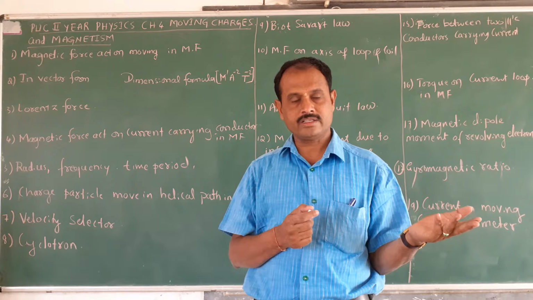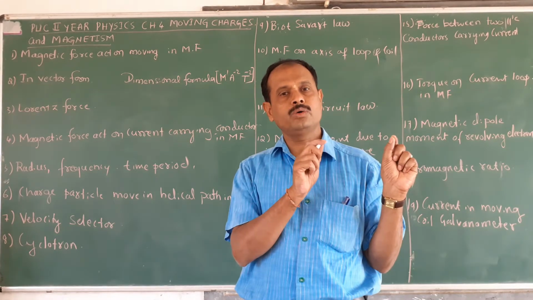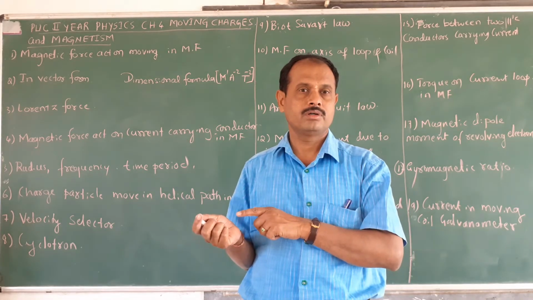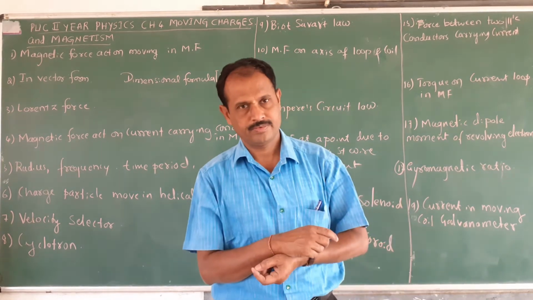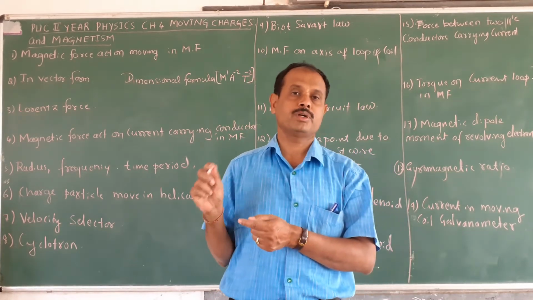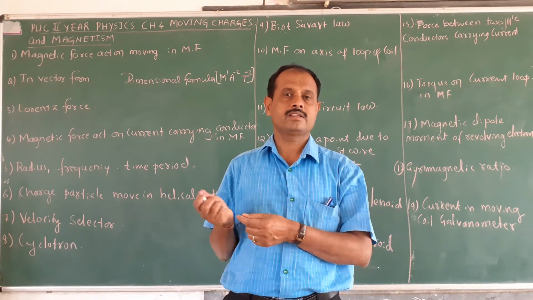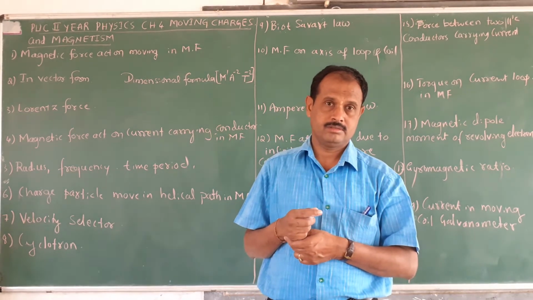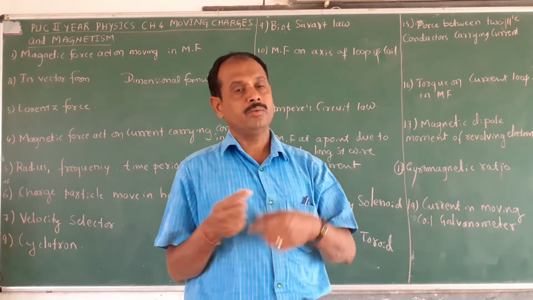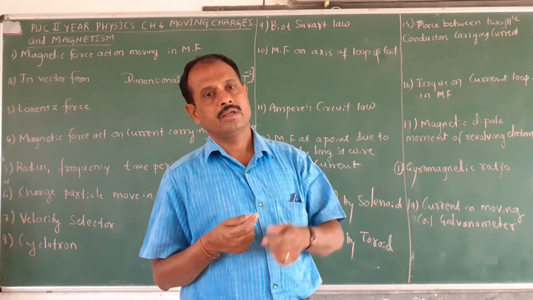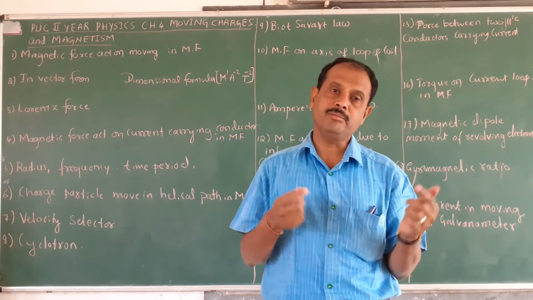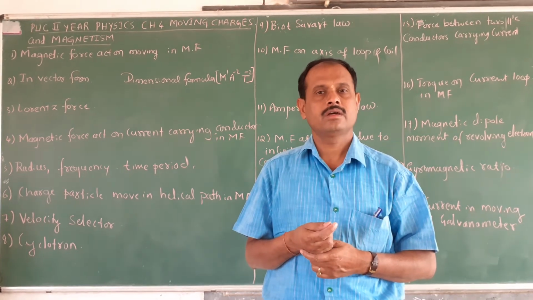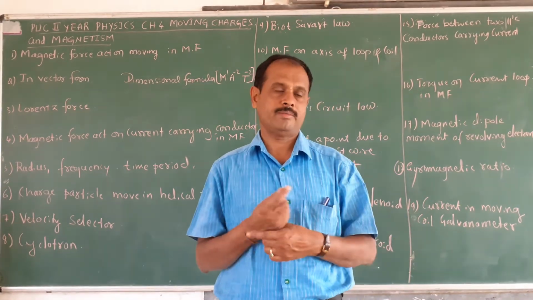In the case of electrostatics, there are two electric charges, positive and negative. Here two magnetic poles, north and south poles. Here north pole has positive magnetic charge and south pole has minus QM magnetic charge. But one difference is there: electric charges may be isolated charges, but magnetic poles are not isolated poles.